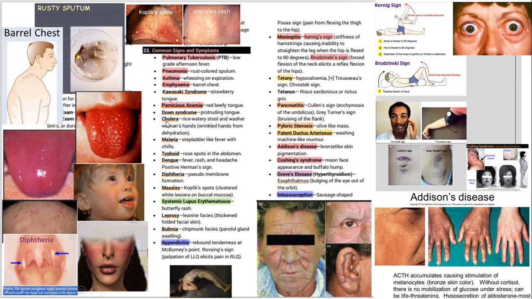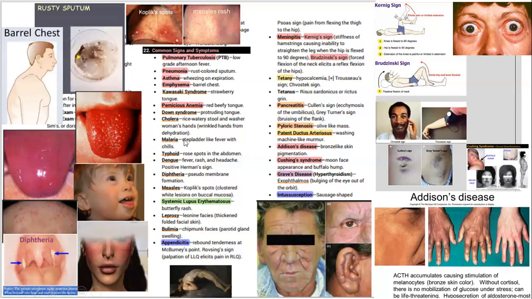Next one is cholera. In case of cholera, what can we see? Rice-watery stool. Cholera is a bacterial infection which spreads through contaminated food and water. Next is malaria.